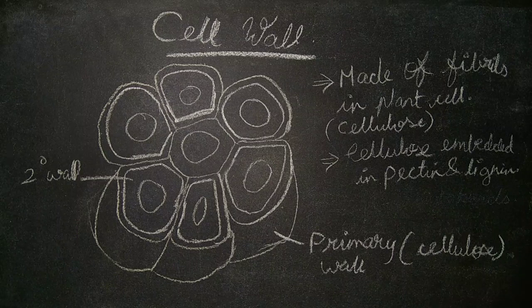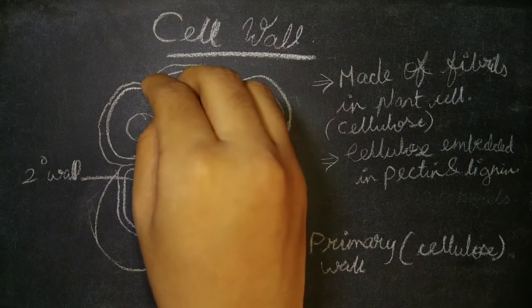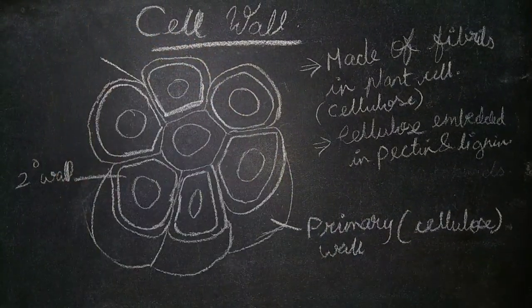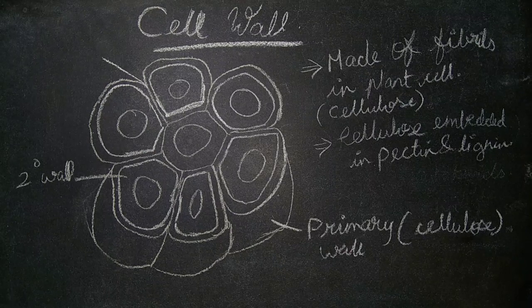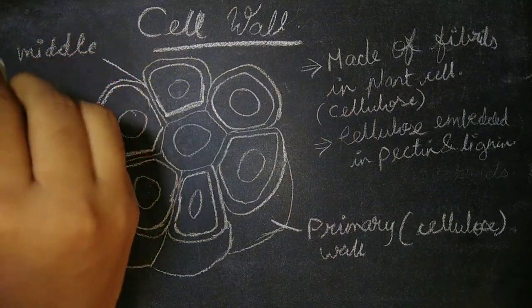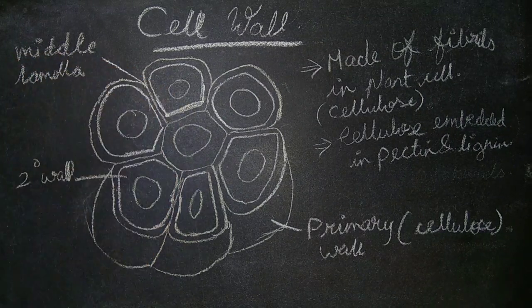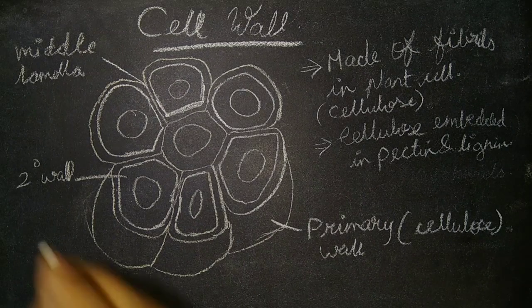It is present in plant cells only. The middle part is called the middle lamella, and it is made up of pectic acid in the form of calcium and magnesium salts.